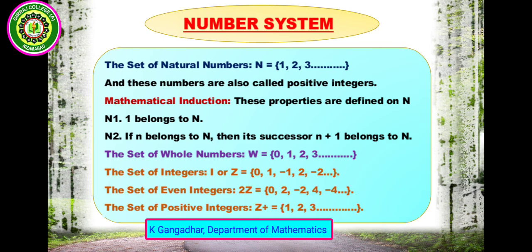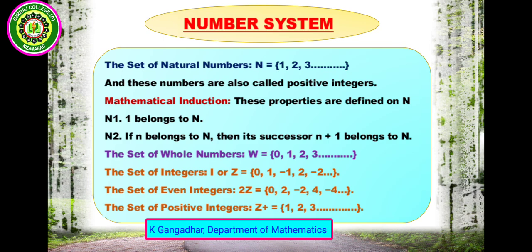This way we define even integers. Next, odd integers are plus 1, minus 1, plus 3, minus 3, plus 5, minus 5, and so on. This way we define odd integers.